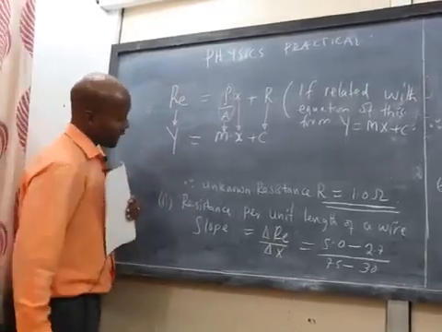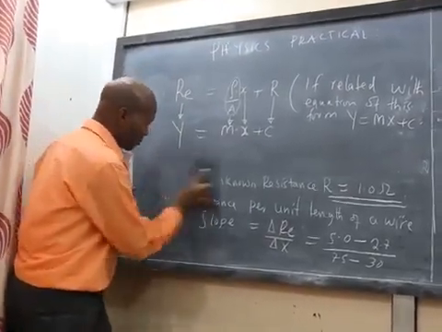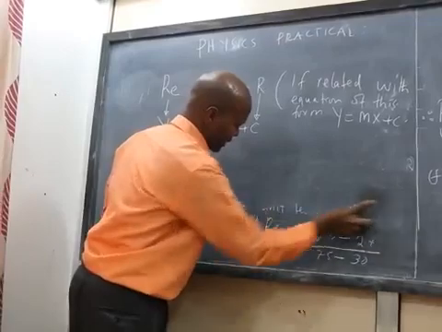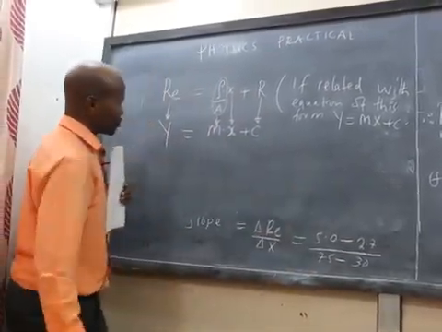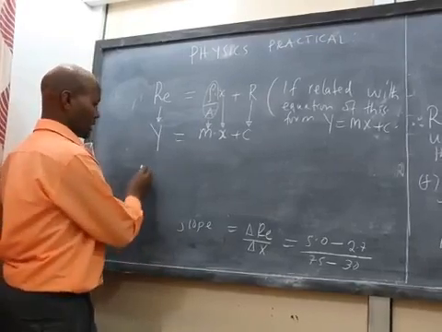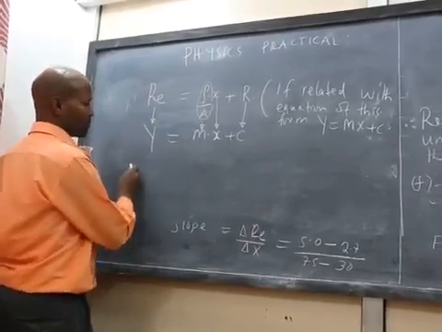Now from there, we say resistivity over area is equal to slope.